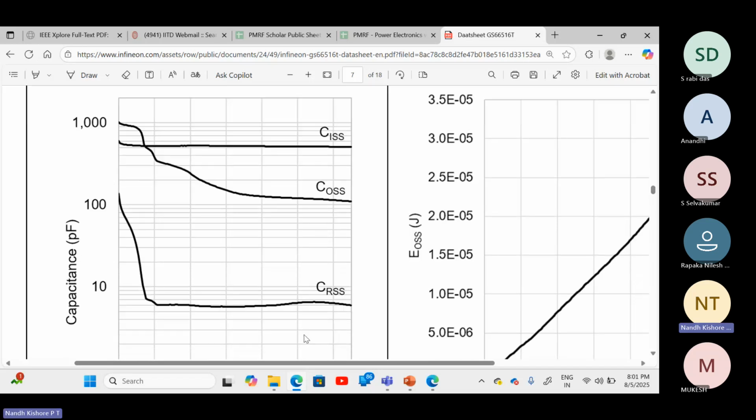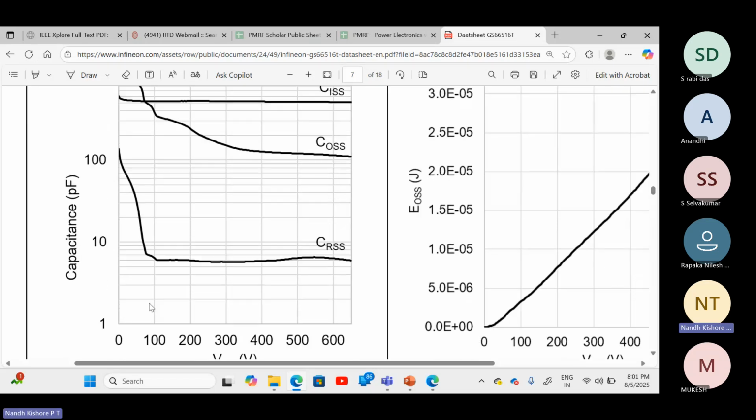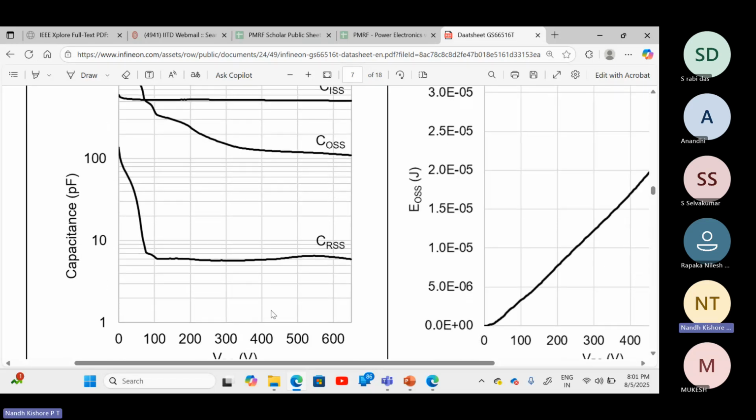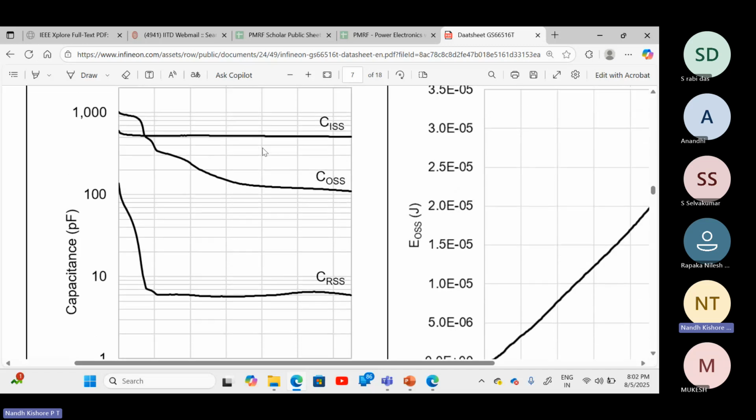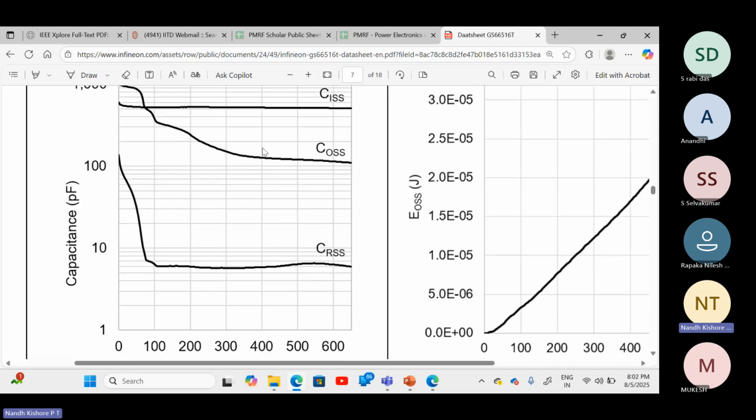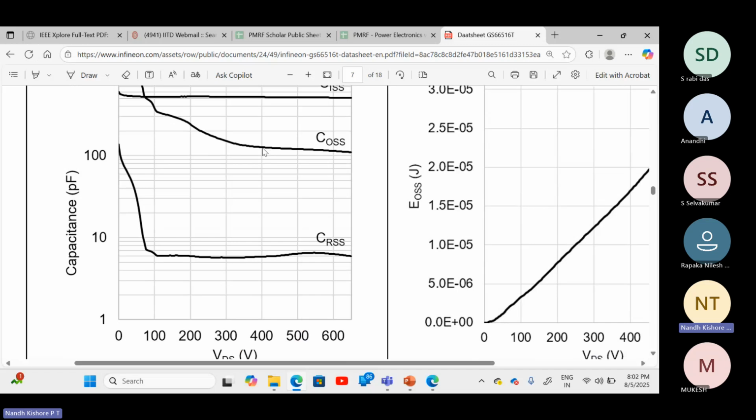You see that at 100 volts and 400 volts, the COSS is quite different, right? They might give you this graph and then ask you to find out what is CGD, CDS, and CGS at probably a different voltage level. So then you should be able to find out. Is this fine?